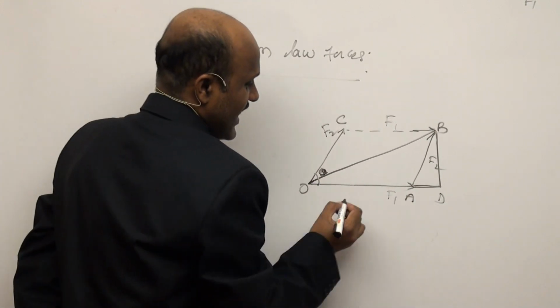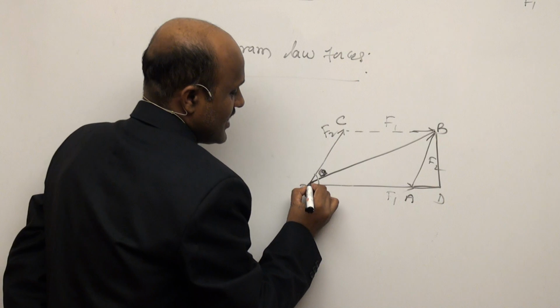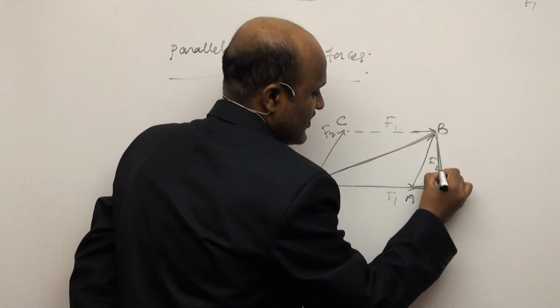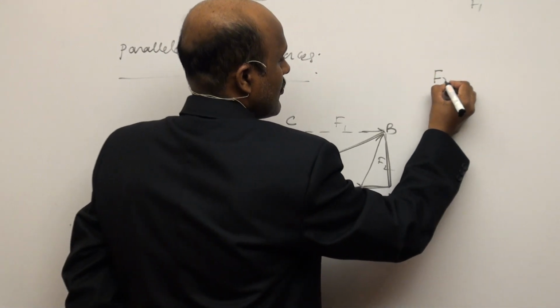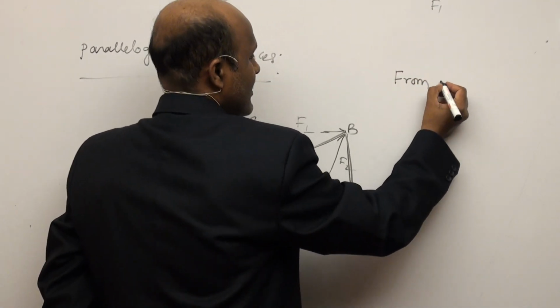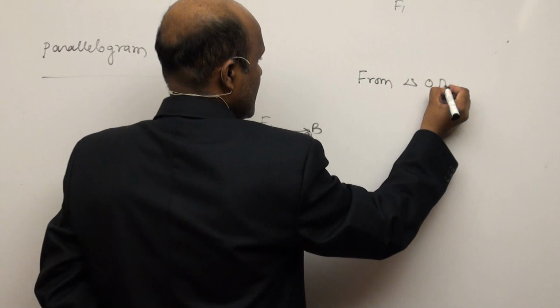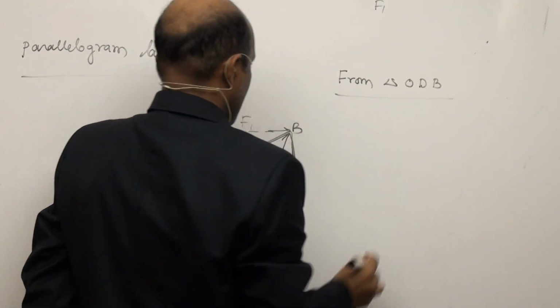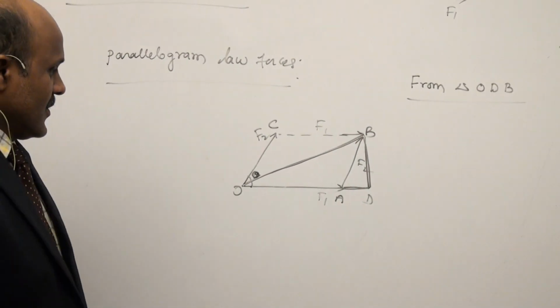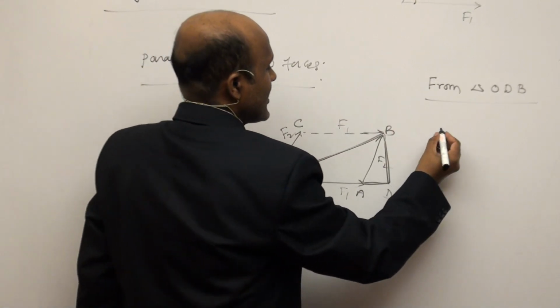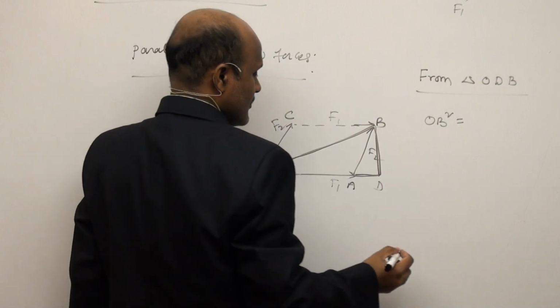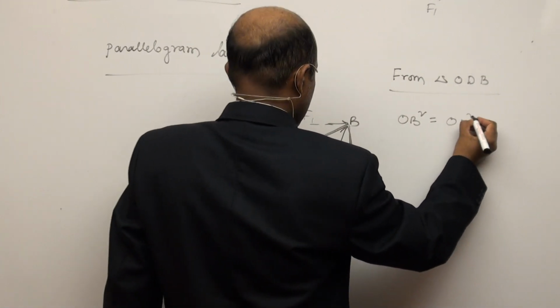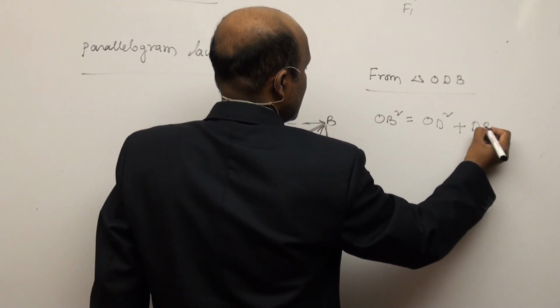From the triangle ODB, by applying the Pythagoras theorem, OB square is equal to OD square plus DB square.